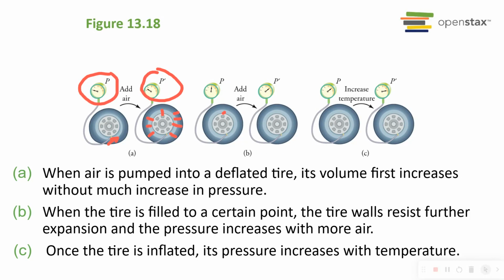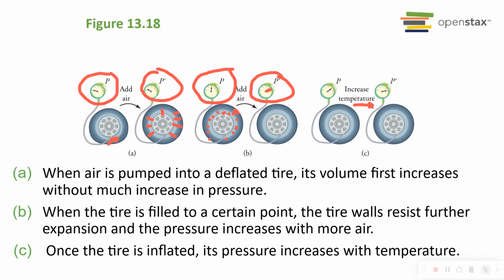But as you get more and more air molecules in the tire, it's going to push out harder and harder, and that creates more pressure. So now we've got a little bit more pressure. And then at some point, when you get pretty close to the tire being full, you will actually get an increase in temperature.